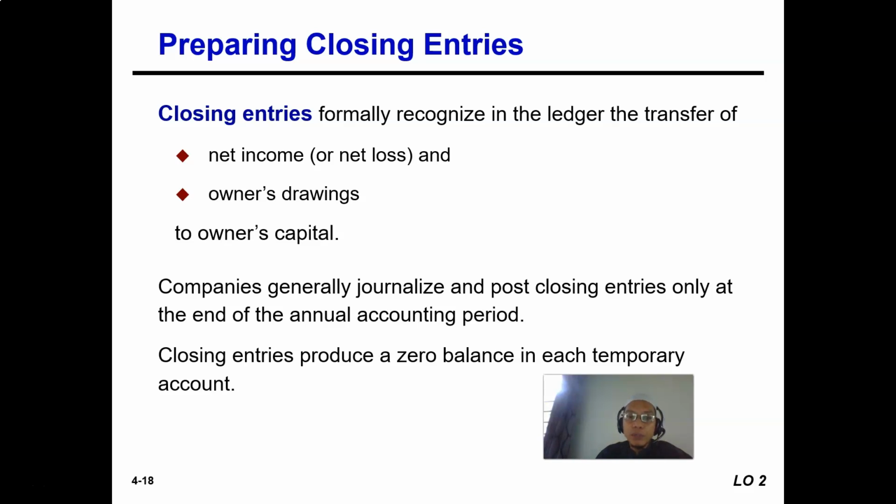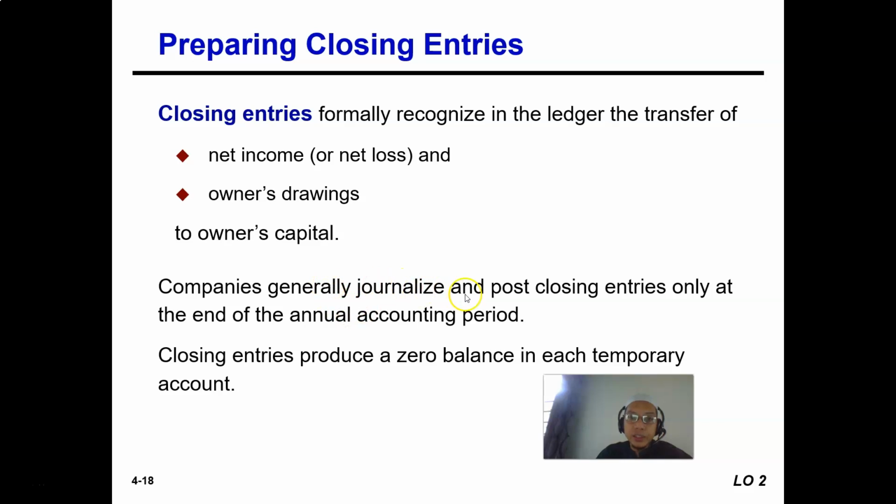When the company makes profit, the owner's capital will increase. Therefore, we need to transfer the net income and the owner's drawings to the owner's capital. In general, this is what a closing entry means: we are transferring the income and the owner's drawing to the owner's capital.